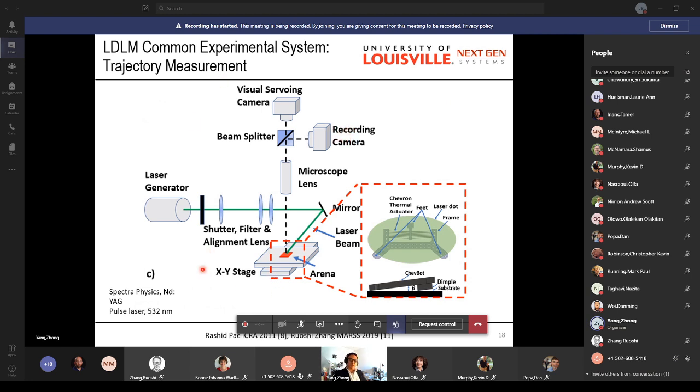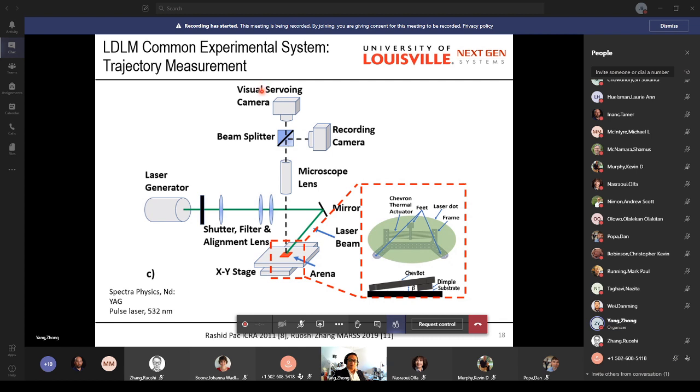Here is showing how we shine the laser on the microrobot. Here's our laser generator, through those filters and shutters, aligning the laser beam and reflecting off this mirror. Then we are shining on the arena. The arena is a substrate and the microrobot is located on it.